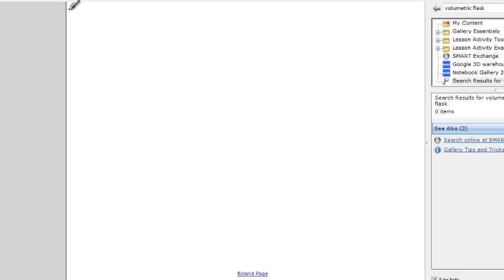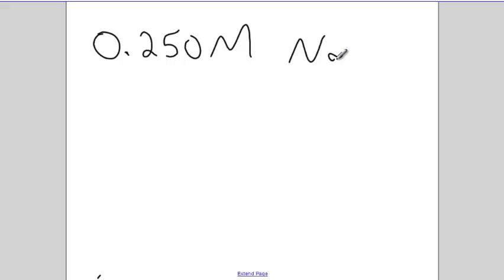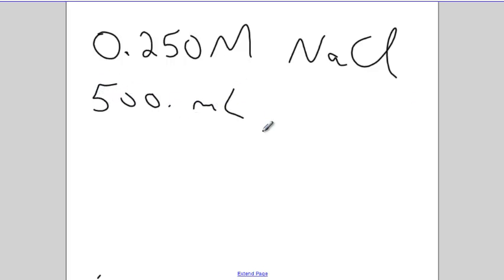Now, to make a solution of a specific molarity, first you would need to know exactly what you had. So let's say you're making, for the sake of ease, a 0.250 molar solution of sodium chloride, and you're going to make 500 milliliters of that.